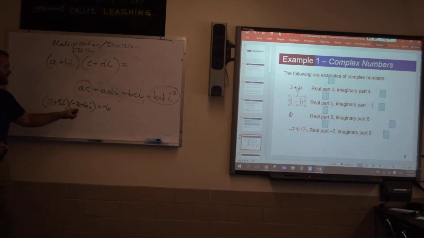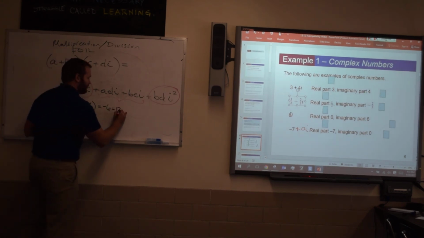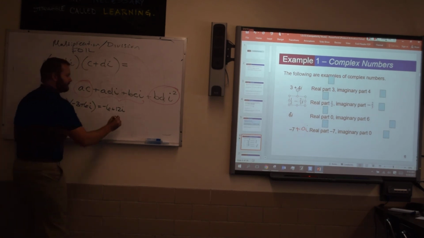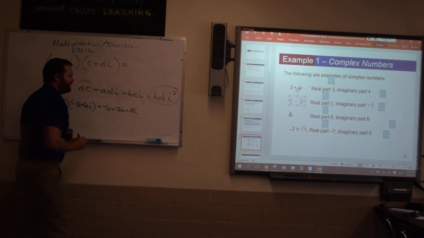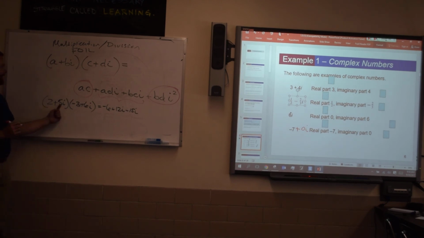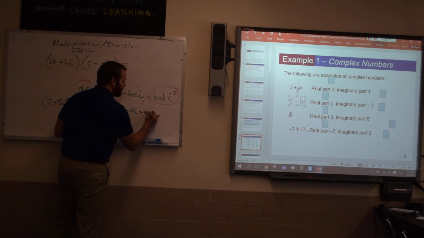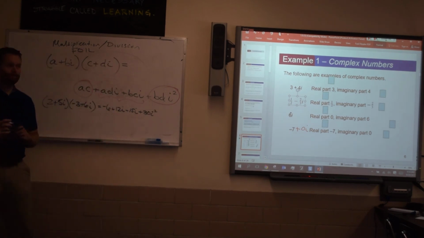And then 2 times 6i gives me 12i. And now I'm going to distribute the 5. 5i times -3, -15i. And now 5i times 6i gives me a positive 30i squared.